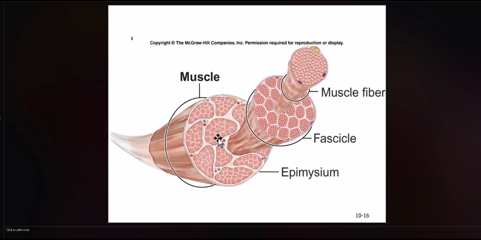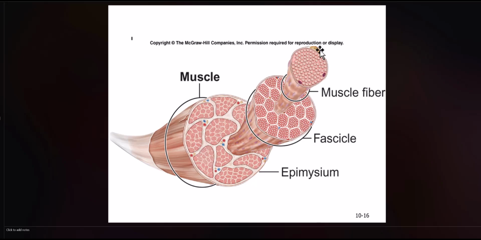So I think looking at these three different images plus the Blossom images and looking at the animations, just trying to get a sense of these layers of layers of layers. But I hope you're walking away appreciating that a muscle is a bundle of bundles of bundles, right?